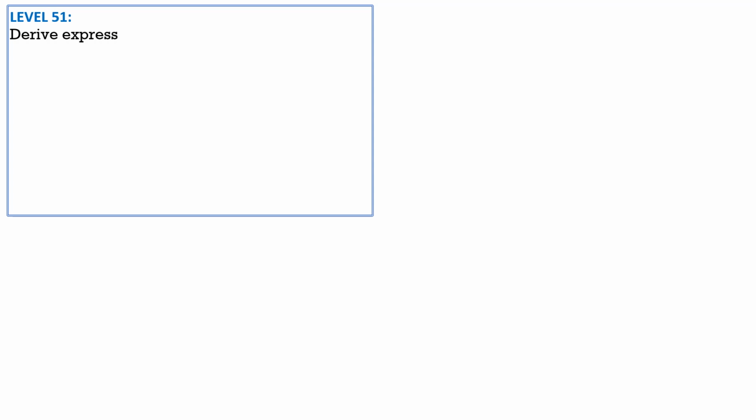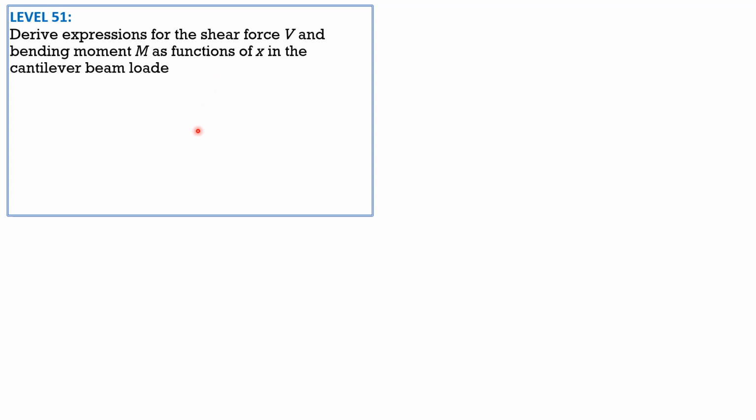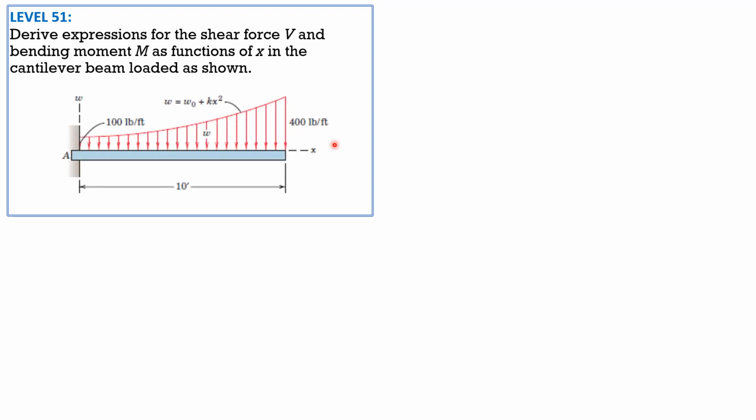Level 51, derive expressions for the shear force V and the bending moment M as functions of x in the cantilever beam loaded as shown. So here's the beam loaded with composite loadings. We'll divide this into rectangular and a second degree intensity of loading given by w equals w0 plus kx squared.